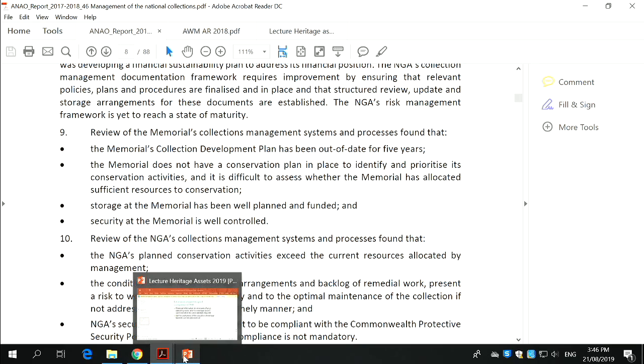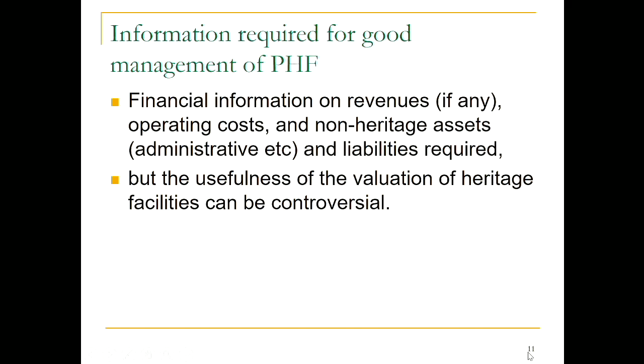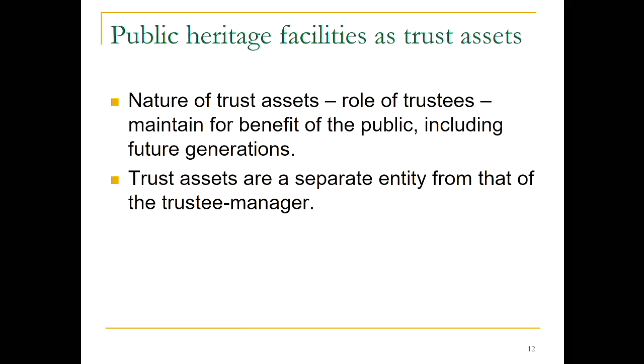Okay, let's come back to our lectures here. I guess we have a look at some of the controversial issues relating to these types of facilities. If there is an argument that valuation is probably not quite useful, and it's not very useful to put the assets on the financial statements, is there an alternative solution?